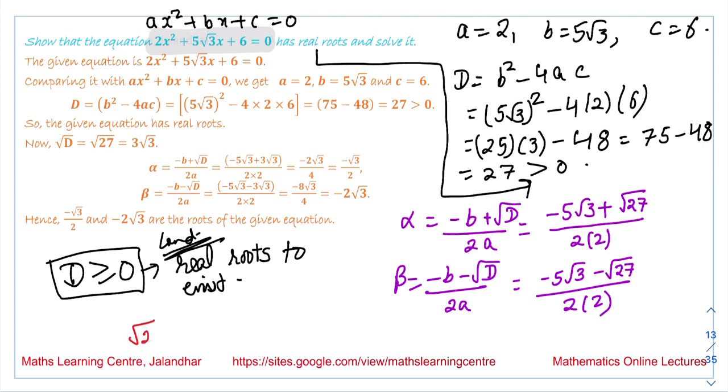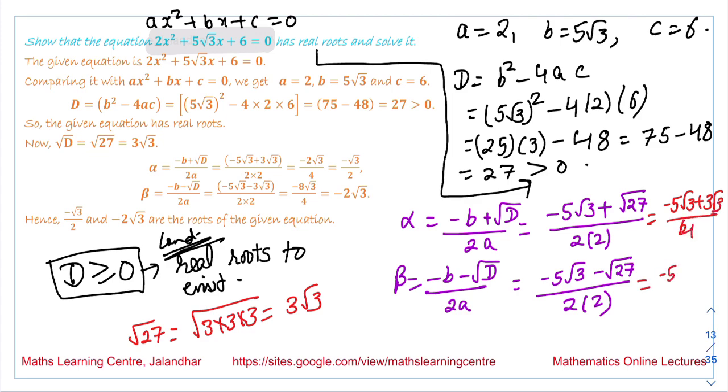Now what is the value of root 27? It is square root of 3 into 3 into 3, that is equal to 3 root 3. So the answer we get is minus 5 root 3 plus 3 root 3 by 4, and minus 5 root 3 minus 3 root 3 by 4.